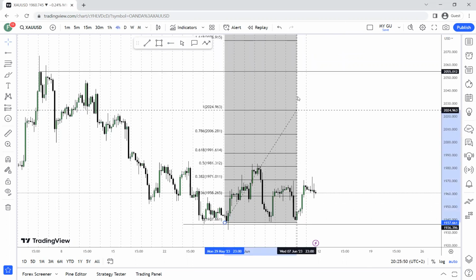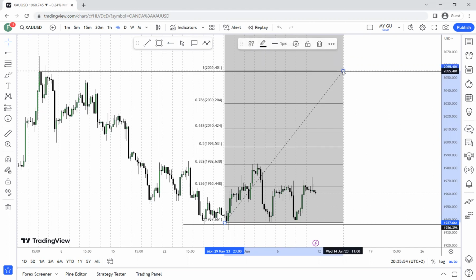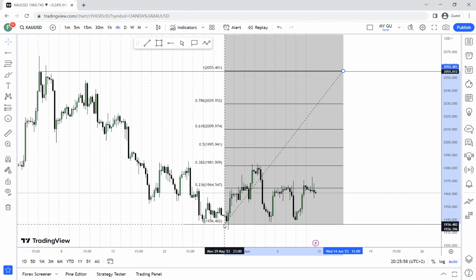All right, and you put the 100 at the high. All right, so this is the area that price is giving us as an impulse. We have our high and we have our low. All right, so you put the 0 where price is trying to reject, and you put the 100 where price created the high or the low.